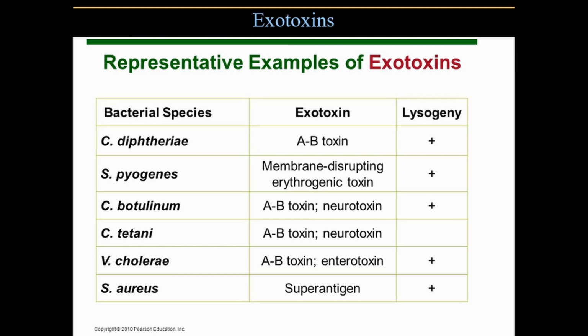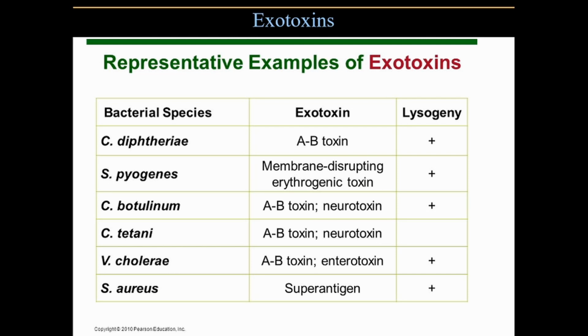The botulinum bacterium is a neurotoxin, as is its cousin tetani. Vibrio cholerae is an enterotoxin, causing an incredible amount of diarrhea and loss of bodily fluids, and Staph aureus is a superantigen, causing a cytokine storm.